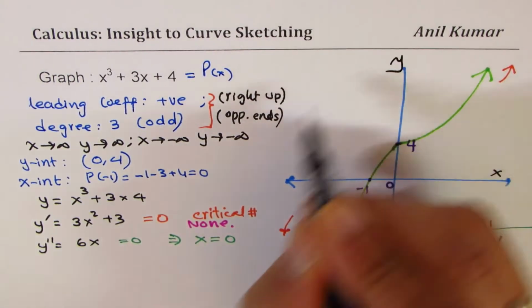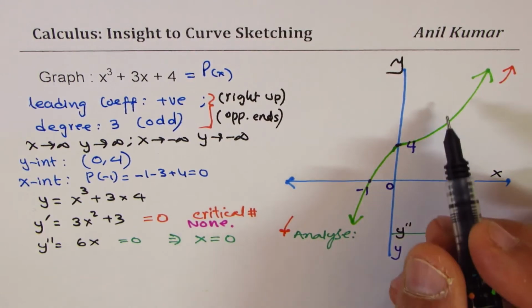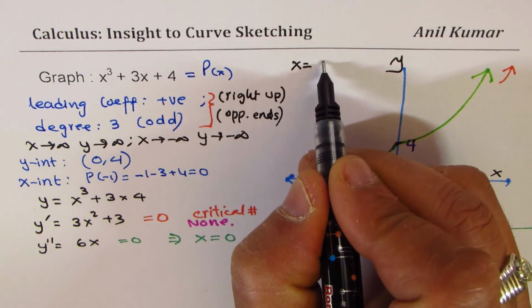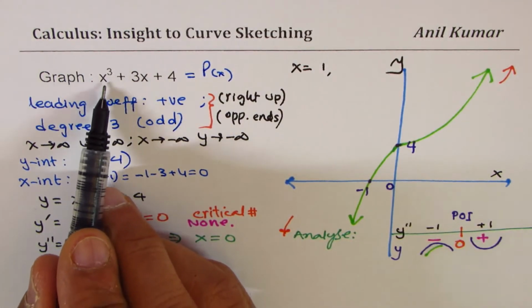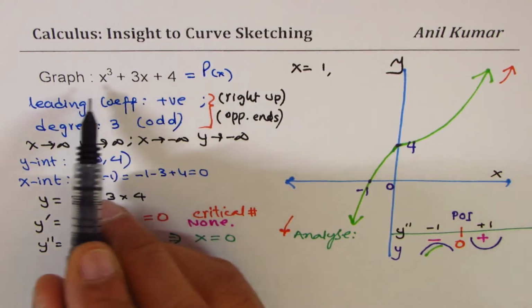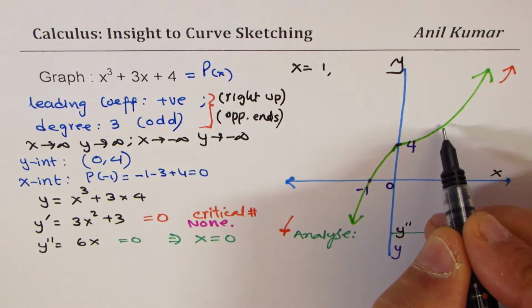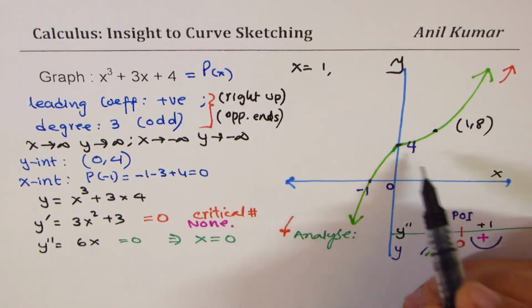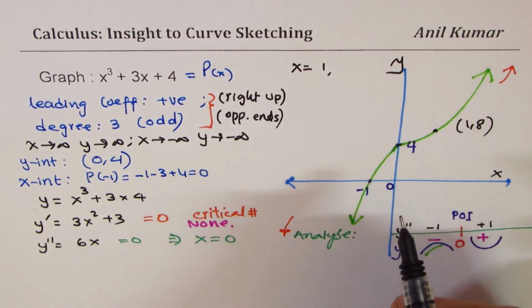Let me call this y. If you really want some more points, what you can always do is find the value for, let us say, x equals 1, right? So if I plug in 1 here, I get 1 plus 3 plus 4, which is 8, right? So the point B could be, let's say, (1, 8). Is it okay? So once you have this point, of course this is going to be much steeper than what I have drawn.